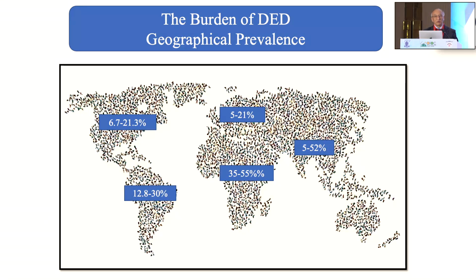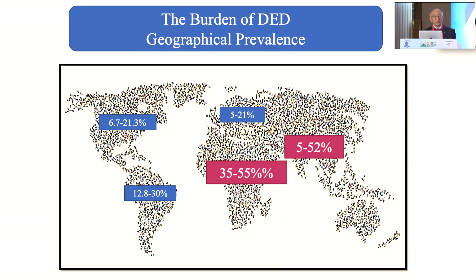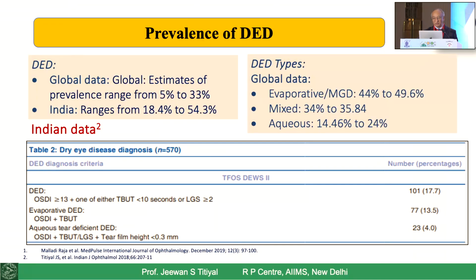Let's talk about the topical medications used the most today, which are for dry eye disease. It has a huge impact on our society because everywhere in the world, dry eye is one of the leading causes of discomfort and painful days for many people working in different areas. Africa and South Asia, including India, have the largest number of people suffering from dry eyes.